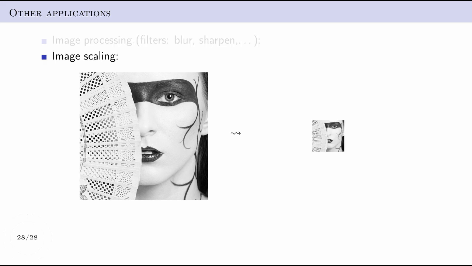Another application is image scaling. If you resize an image, for example you want to put it online and you need to reduce its size, then internally the computer convolves it. It computes a filter that reconstructs and resamples the image.